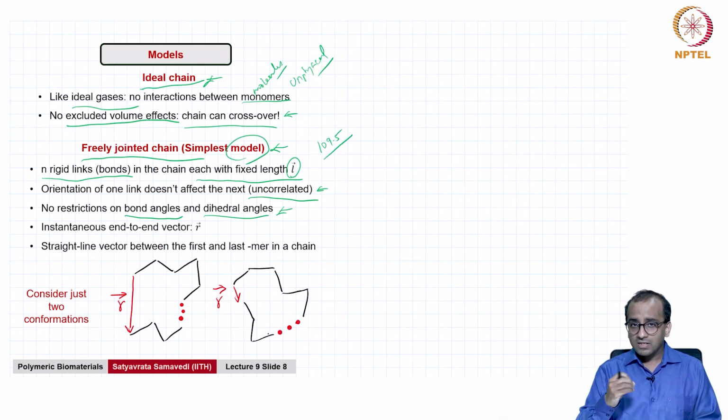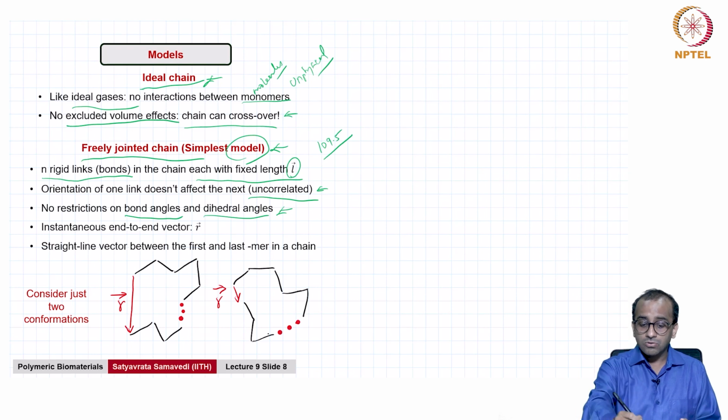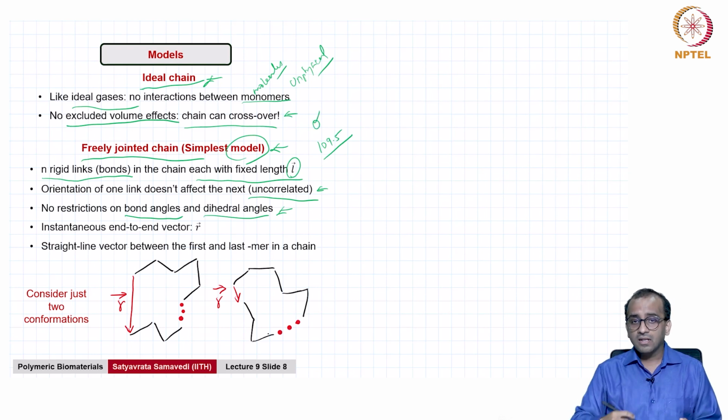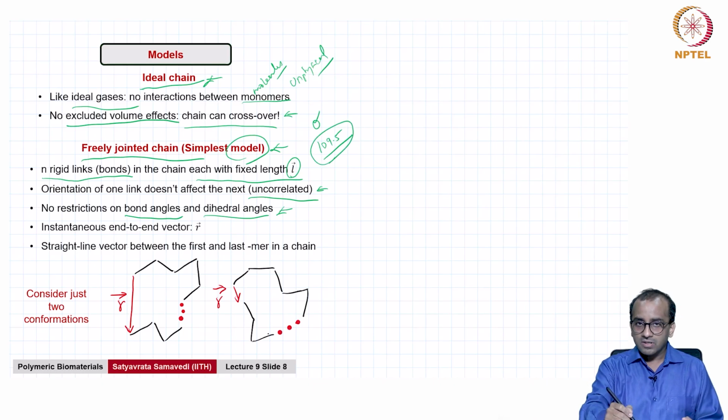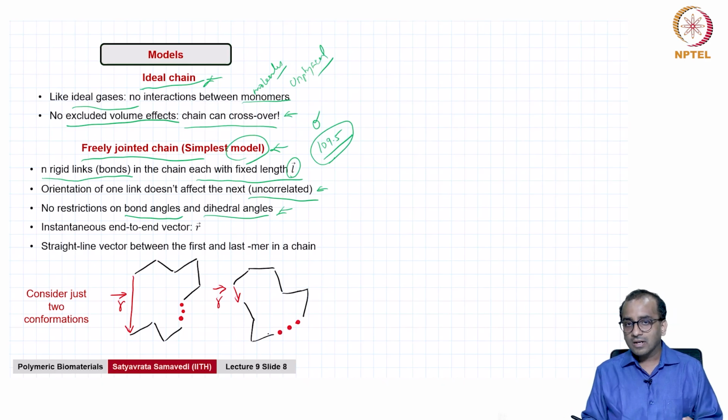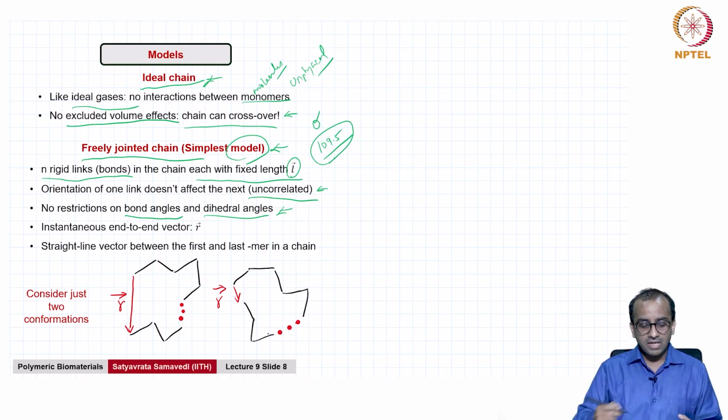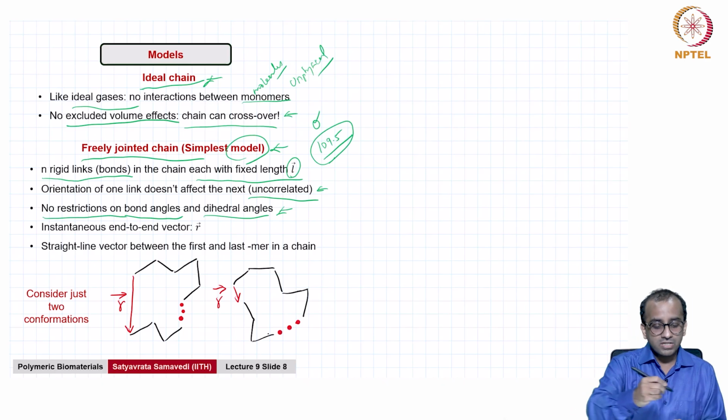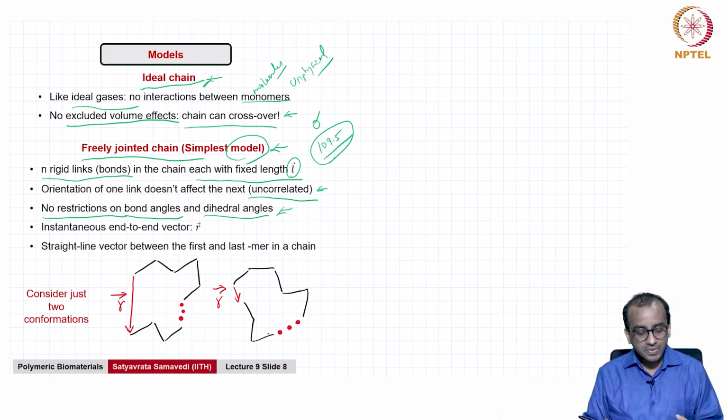Again, you can try and understand how that relates to what we defined as theta as the angle between two bond vectors on an earlier slide. In any case, for a carbon-carbon single bond, this would be the tetrahedral angle, but you notice here clearly that this model assumes no restrictions on bond angles.